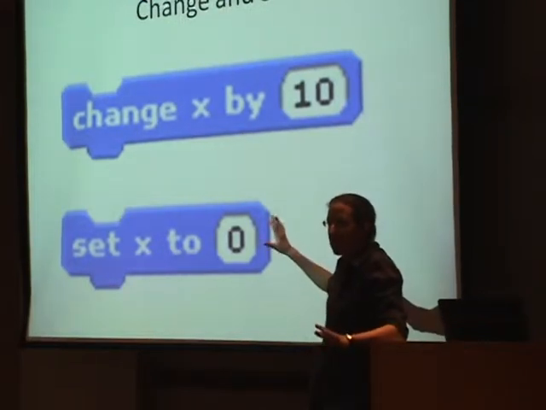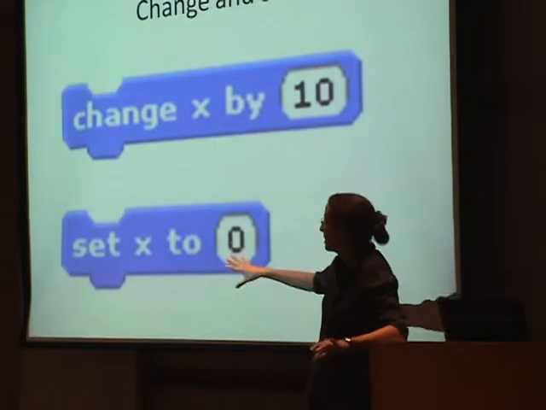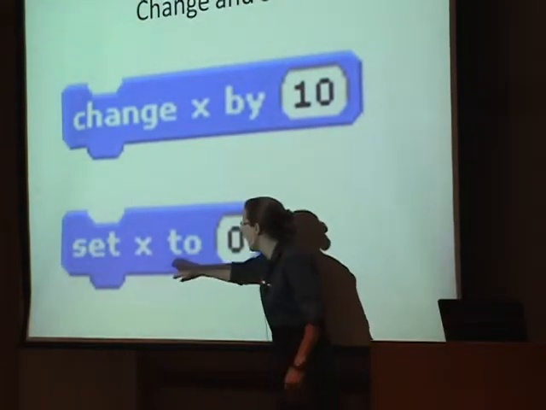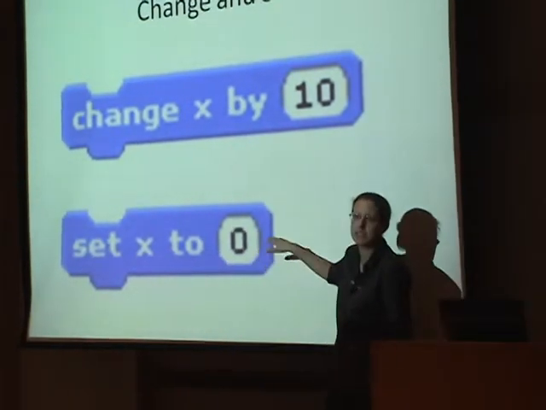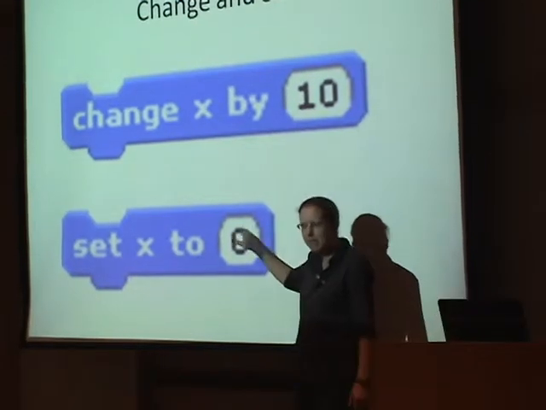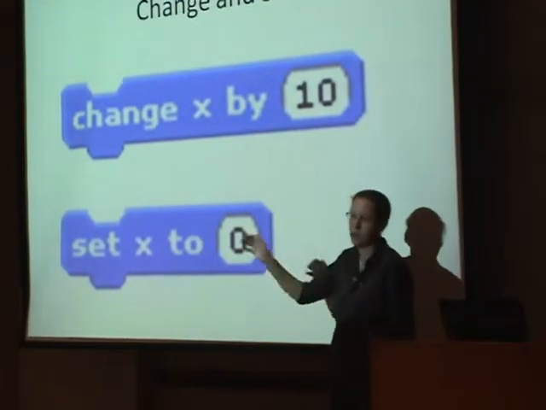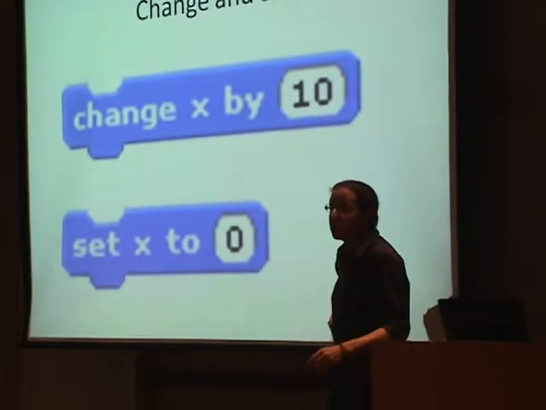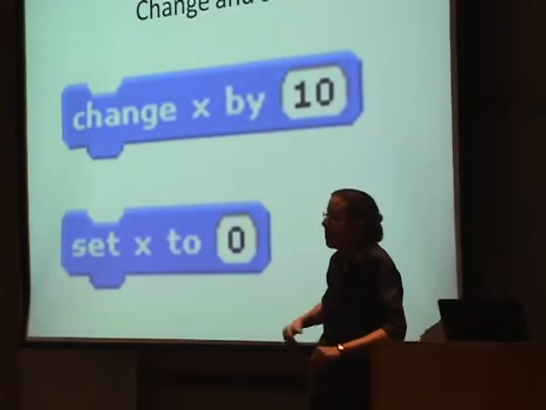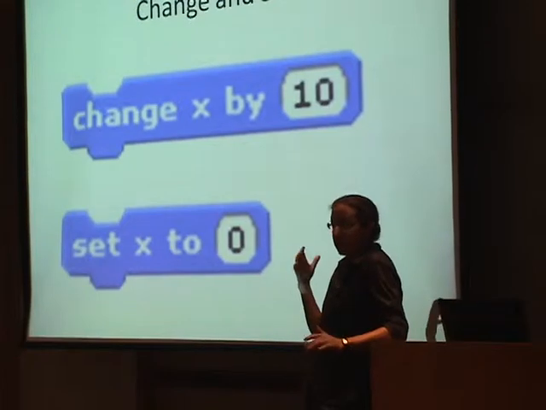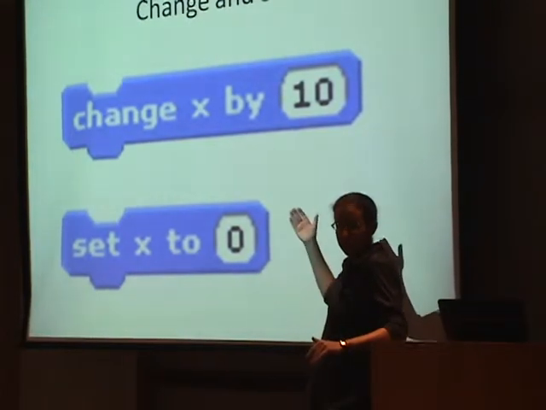Glenn's saying basically that I could say, well, set x to be x plus 10. So you can make that really explicit, instead of using a change, explicitly using the set for all of them. I find that that's really intuitive for college students, but 6th grade students have less trouble with this.